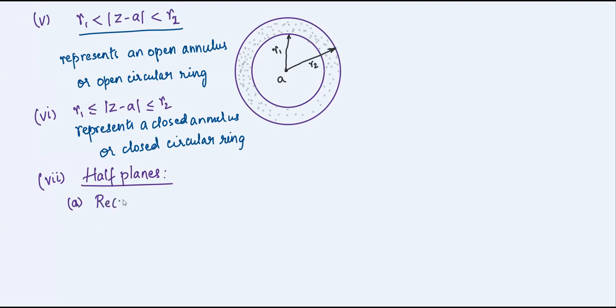Real part of Z is greater than 0. This is the right half plane.